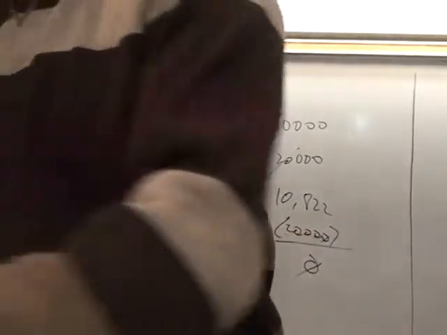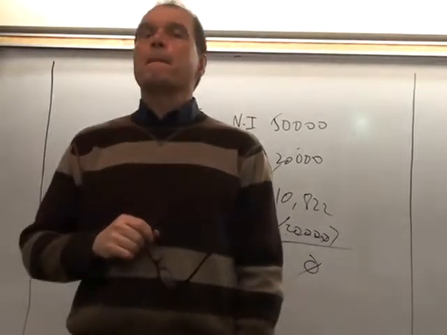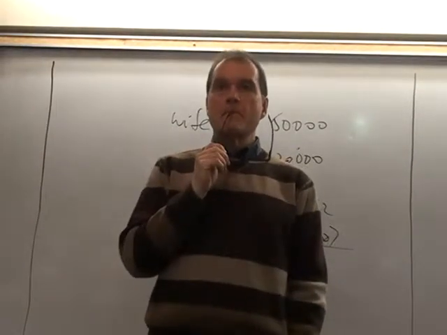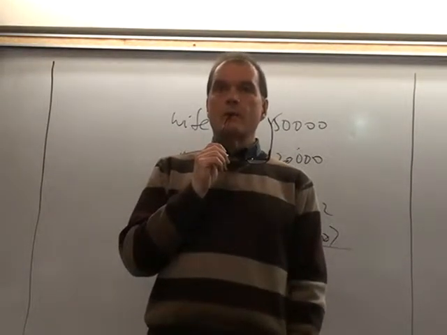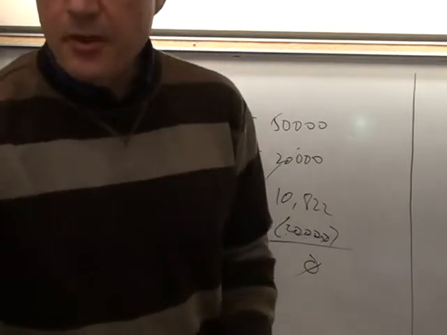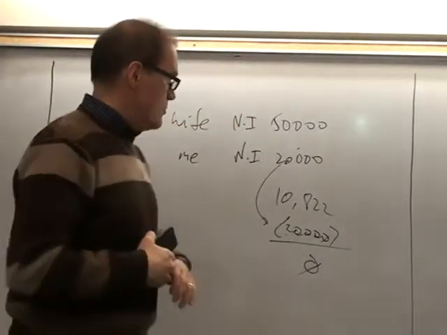But my question was, if the spouse that you want to claim the spouse credit for has capital gains and losses and gets their income down to 10,822, then their spouse can't claim the spousal credit for them? Correct, that's right.